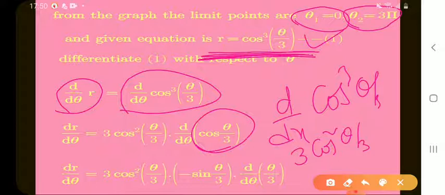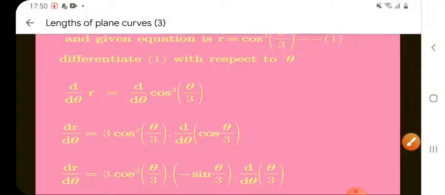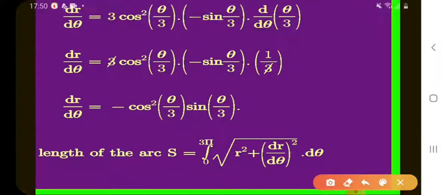What is the differentiation of the cos term? Minus sin theta by 3. Again I differentiate the theta by 3 term. So the differentiation of theta by 3 is 1 by 3. After 3 cancels, what is the remaining term? Minus cos square theta by 3 into sin theta by 3. This is the derivative of the given equation.